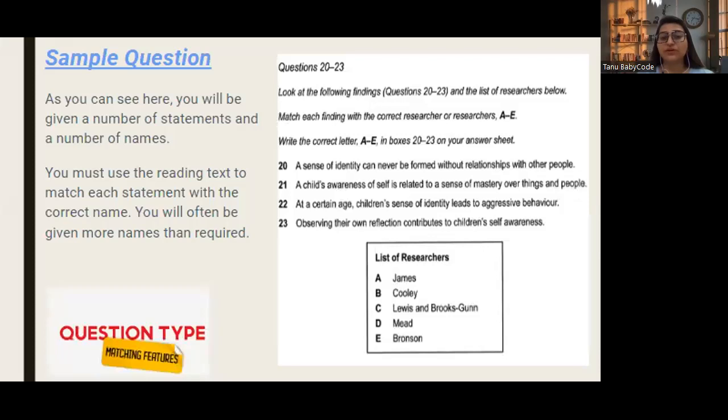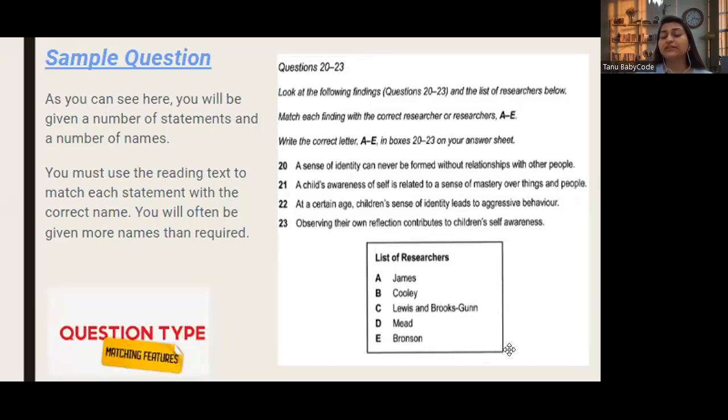Now, here is a sample question. You can see the question looks like this. Questions 20 to 23 have a list of researchers, A to E. There are 5 researchers and 4 statements here. You have to match the name of the researcher to their findings, to their statements. So how are you going to match?